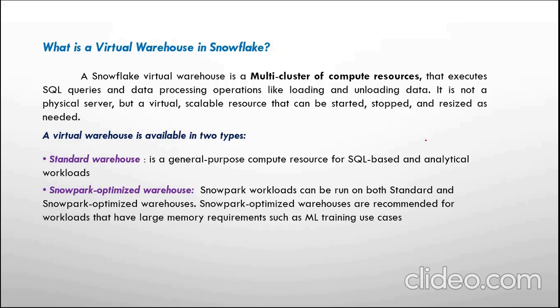Snowpark optimized warehouses are recommended for workloads with large memory requirements, such as machine learning training use cases. It means they deal with huge quantities of data. So these are the two types of warehouses Snowflake offers: standard and Snowpark optimized. Generally, we use the standard warehouse.